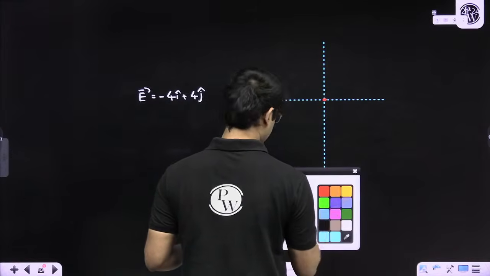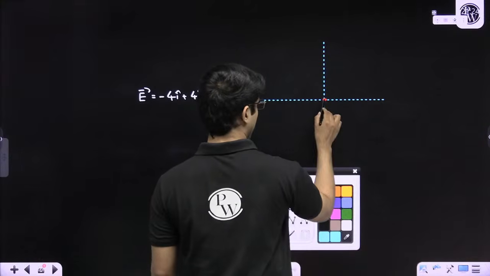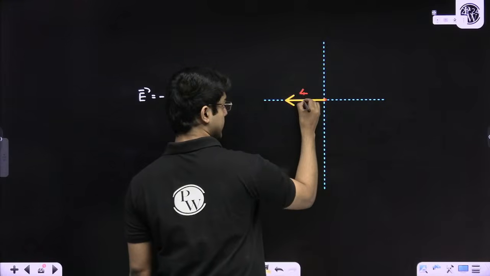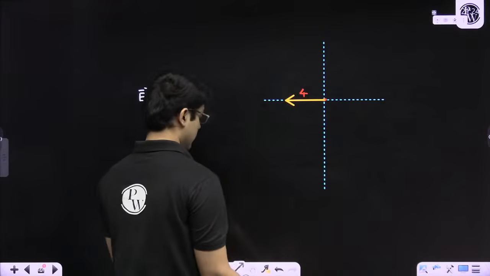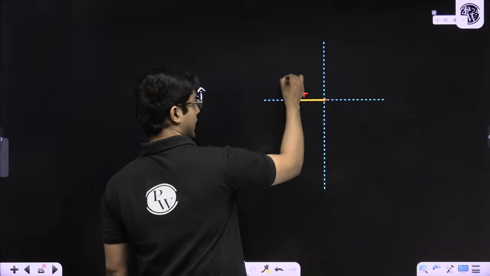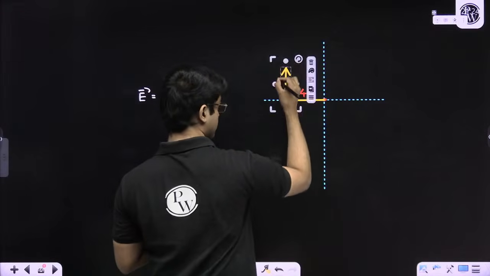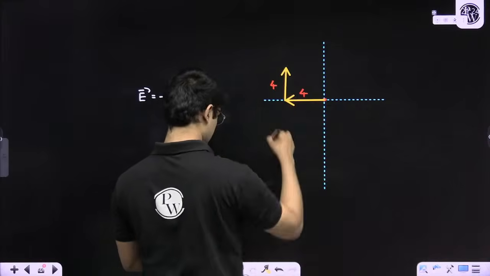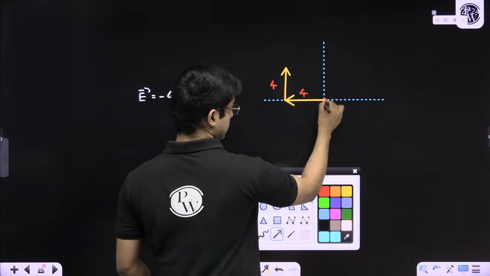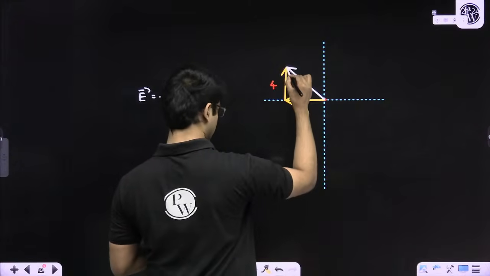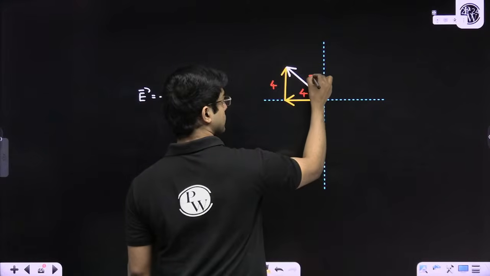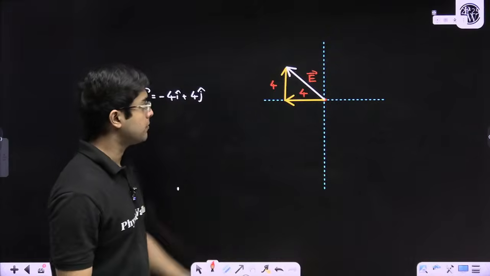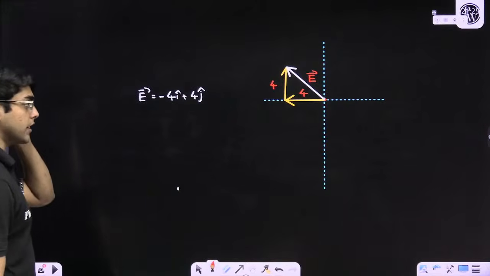So the vector has a minus 4i component. Minus 4i means 4 units to the minus x direction and 4 units along the plus j direction. So 4 along the left, and 4 along the j. So this is your actual electric field vector, minus 4i plus 4j.